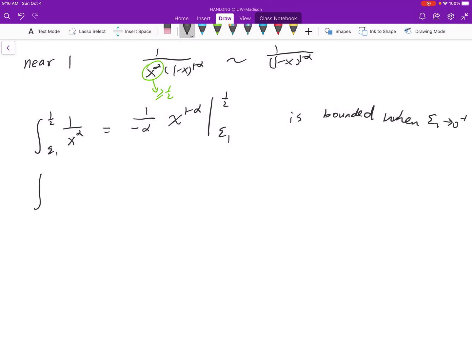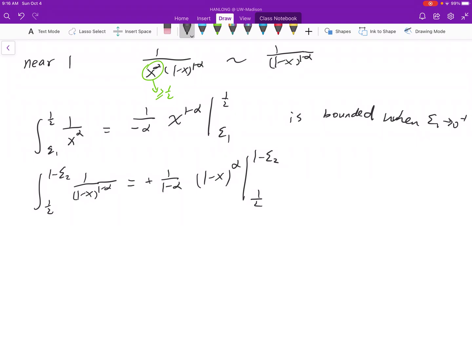And similarly, if we look at the integral of 1 over (1 minus x) to the 1 minus alpha's power, this is minus 1 over 1 minus alpha times (1 minus x) to alpha's power, evaluated up to 1 minus epsilon 2.